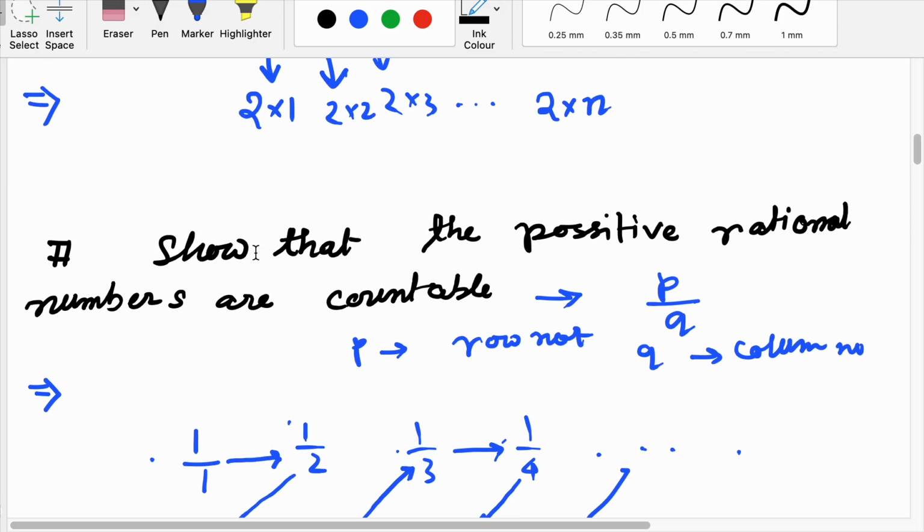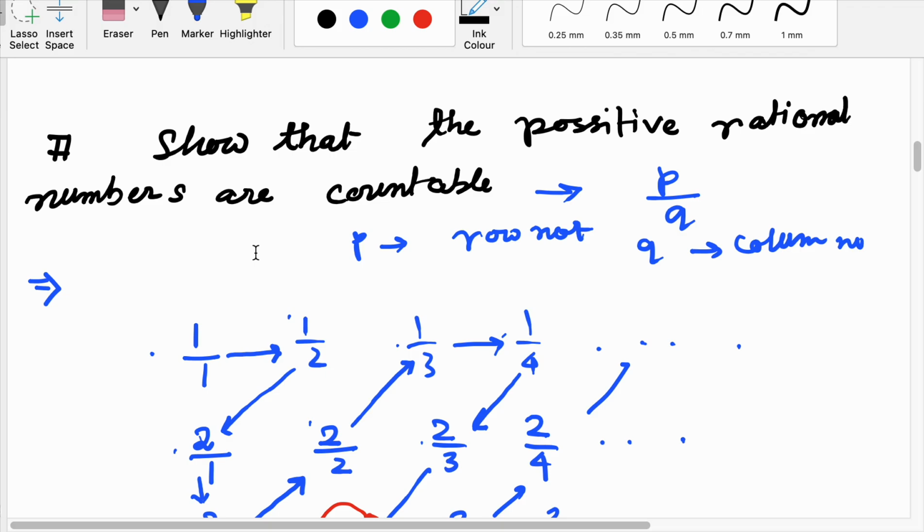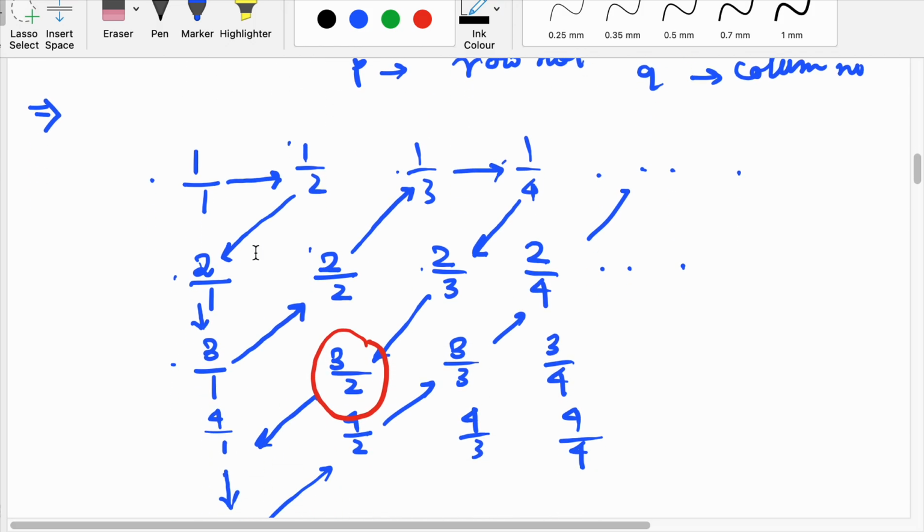Then we have seen how to categorize a countable set and an uncountable infinite set. We have seen that the rational numbers are countably many, and that the irrational numbers are uncountable.